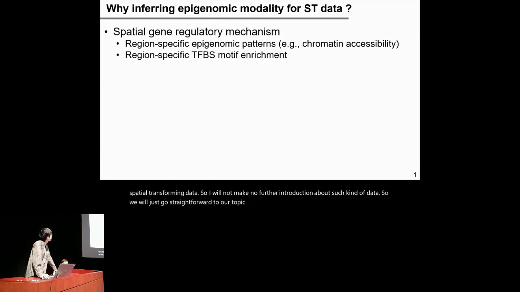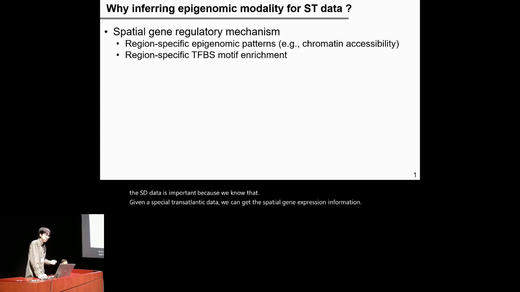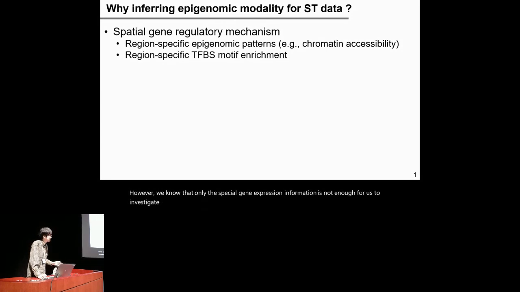So firstly, why is inferring the epigenomic modality for the ST data important? Because given a spatial transcriptomic data, we can get the spatial gene expression information. However, spatial gene expression information alone is not enough for us to investigate the spatial gene regulatory mechanism. So that's why we want to find a solution to add some new information to a given ST data.